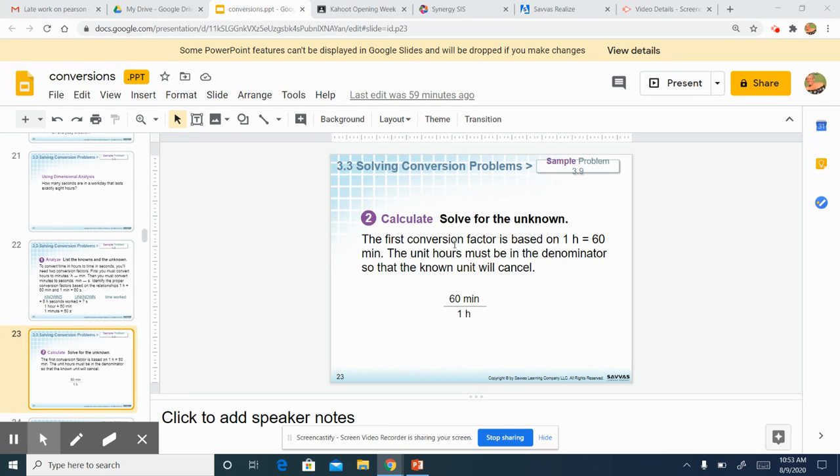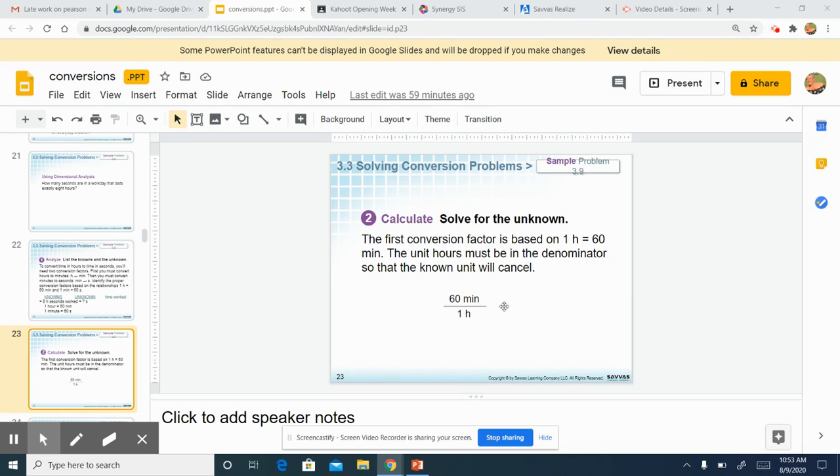Okay, so the first conversion factor is based on the fact that 1 hour is equal to 60 minutes. The unit hours must be in the denominator so that the known unit will cancel out. Because we're beginning, we know that the original time was expressed in hours. So 1 hour has to be in the denominator so that it will cancel out.